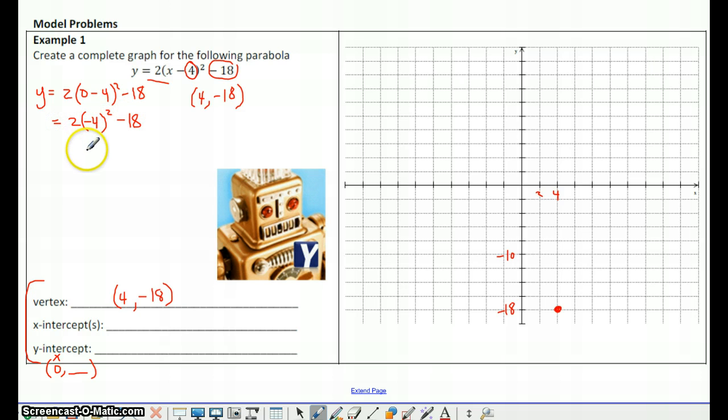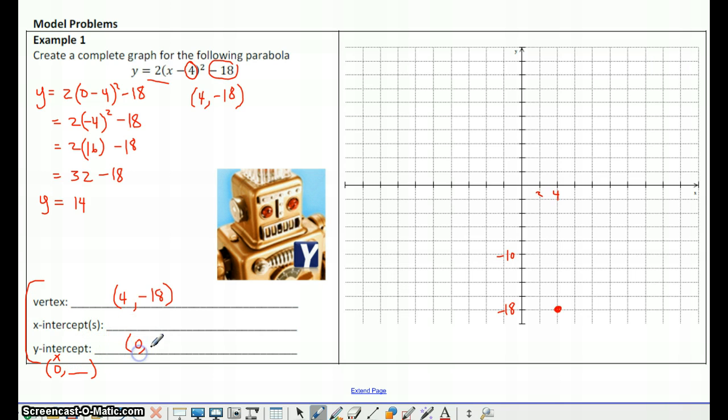Negative 4 squared becomes positive 16, times 2 minus 18. This gives me 32 minus 18, and that's going to give me 14. So the y value for the y-intercept is going to be 14.